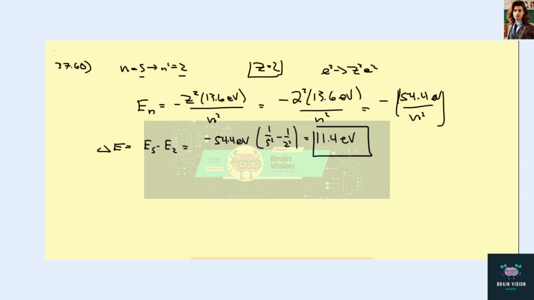You can look back at the figure from the previous problem, problem 56, and you should see that the gaps between the energy levels all get bigger as you go down to lower energy levels, right? And the biggest the gap can be is from n equals 2 to n equals 1, which is roughly, what is that, 10.2 electron volts.